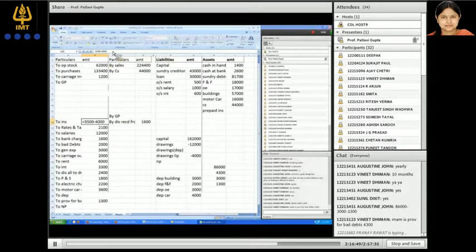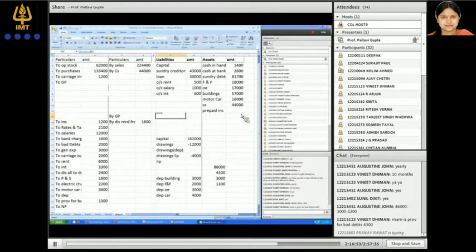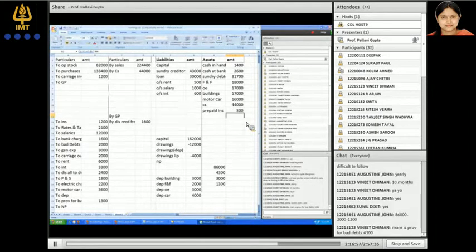So 300 would be taken as the prepaid expense in the balance sheet. I will reduce it from here and I will take it to the assets. Yes. So any doubt with the insurance one?